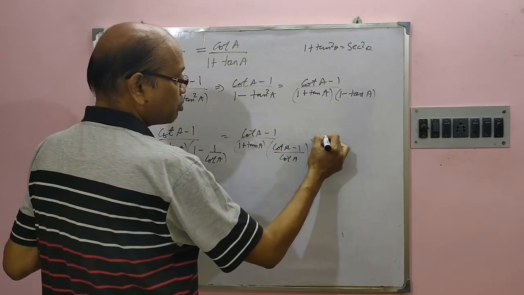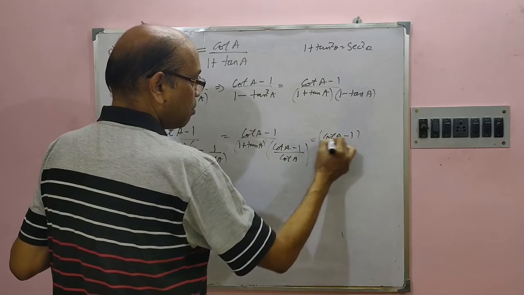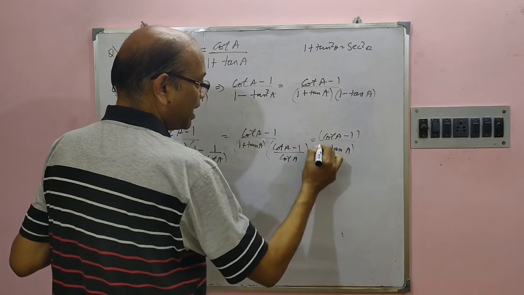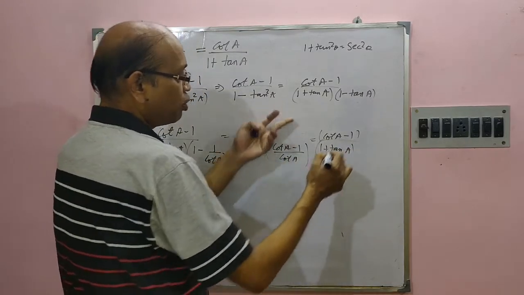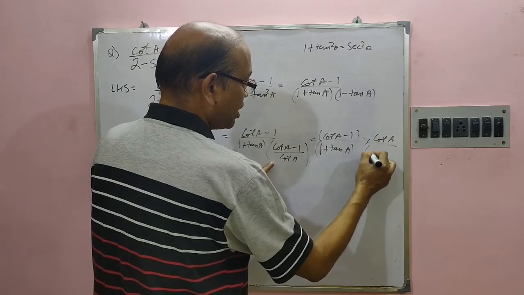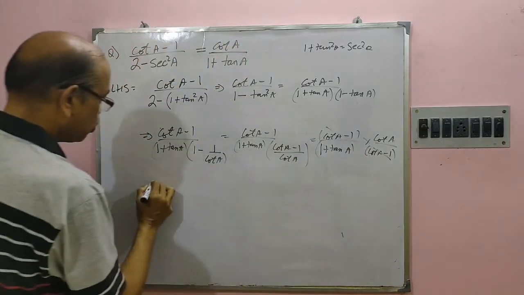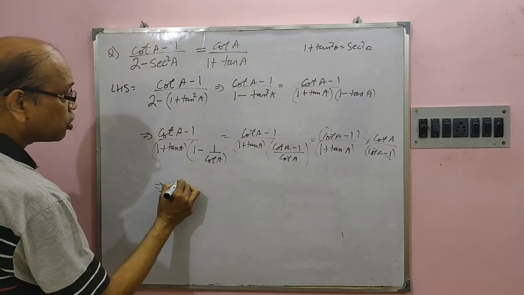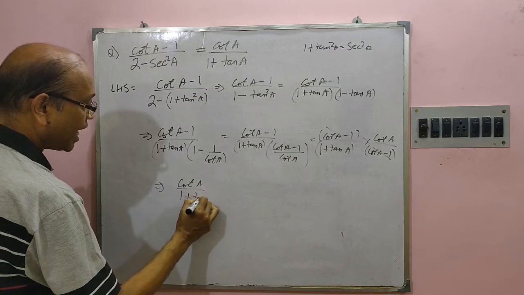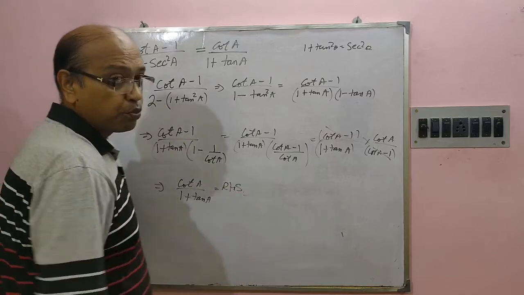So this becomes cot A minus 1 by 1 plus tan A. This cot A will go up, this cot A will go up, and here it will be again cot A minus 1. This gets cancelled. So what I got here is cot A by 1 plus tan A, and that is equal to your right hand side. Proved.